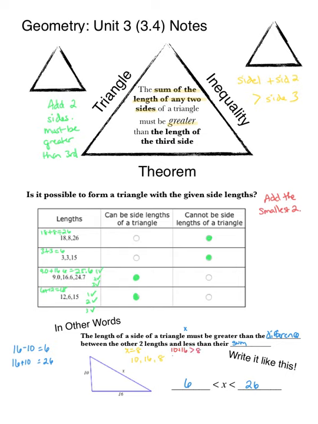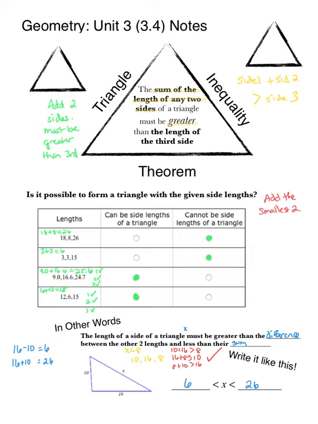That's good. 16 plus 8 is greater than 10. That's good. 8 plus 10 is greater than 16. It all works. So every single combination fits the requirement that the sum of the lengths of any two sides must be greater than the length of the third side.